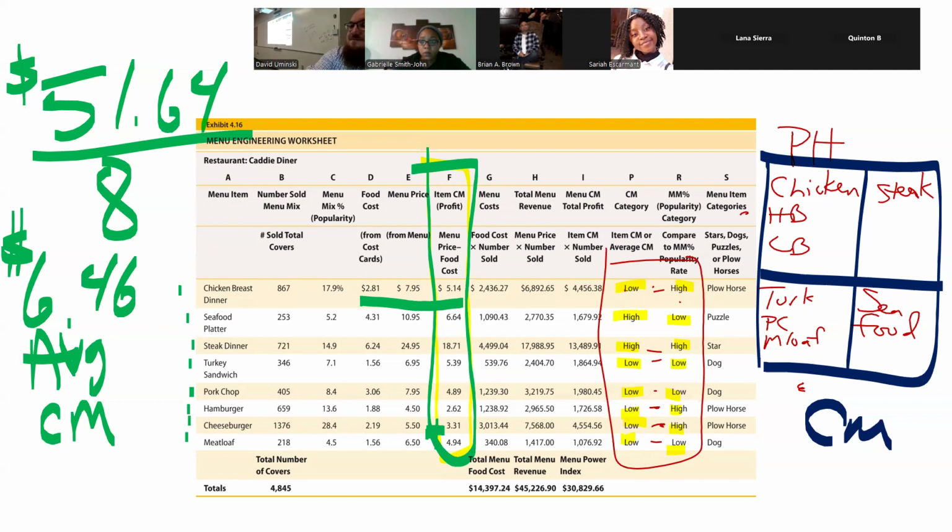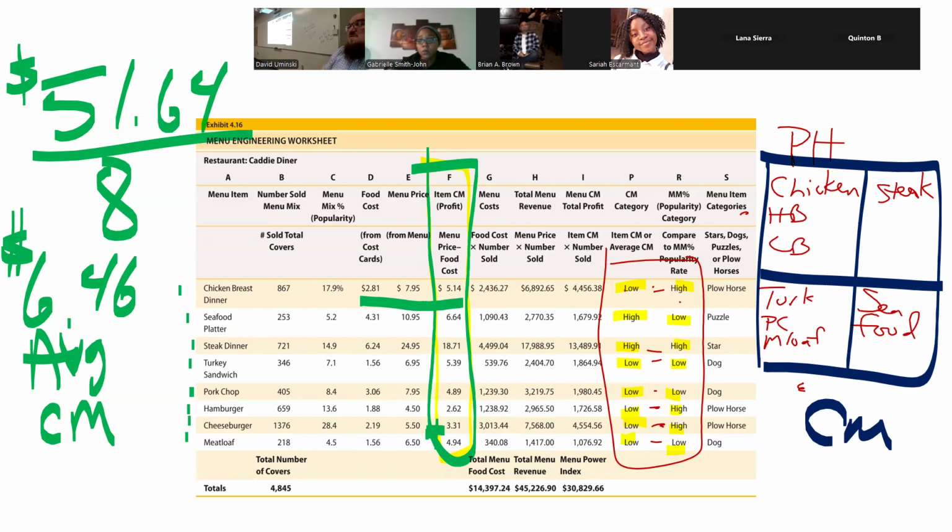The way that we get them from plow horse over to star is to change that contribution margin. And usually that either means we're going to raise the price on our menu, or we keep our price the same, lower our cost, and change the recipe. Okay?